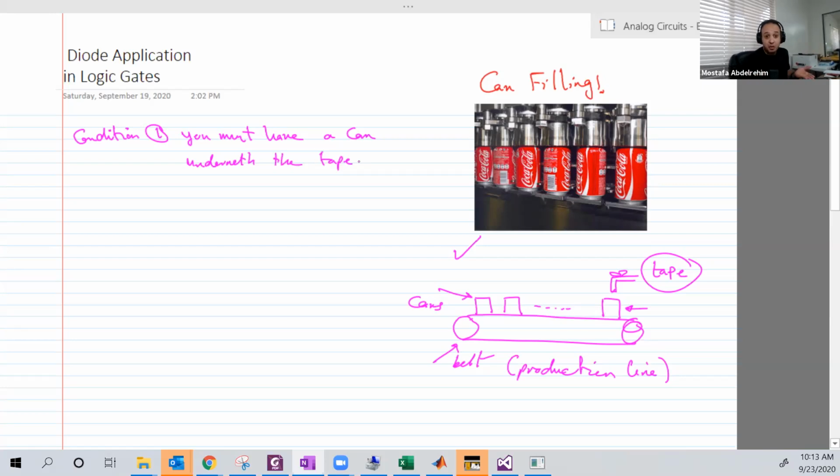If there is no can, why should I turn on the tap, or whatever you call it, the valve, call it whatever. Why should I fill something that is not there?